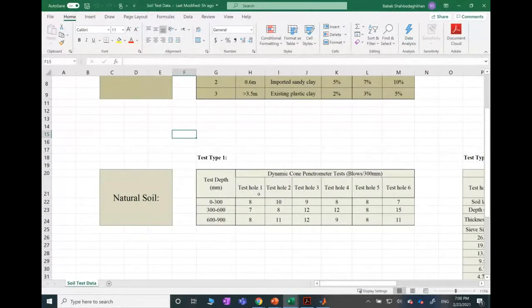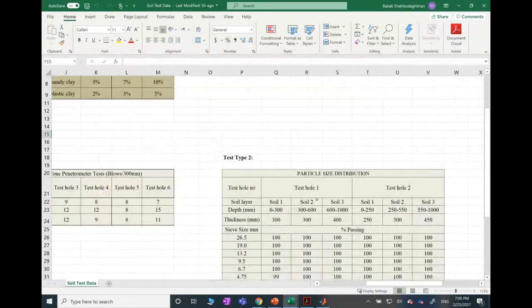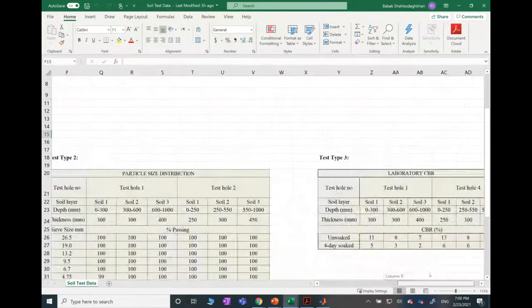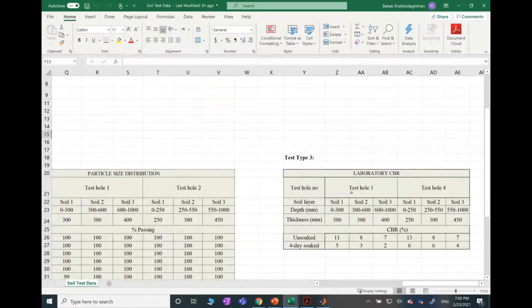And we took a sample from that borehole, brought it to the lab and conducted sieve analysis and Atterberg limit test. And again, here, the test hole would be the same. It's the same as the other one. So the names are the same and consistent.